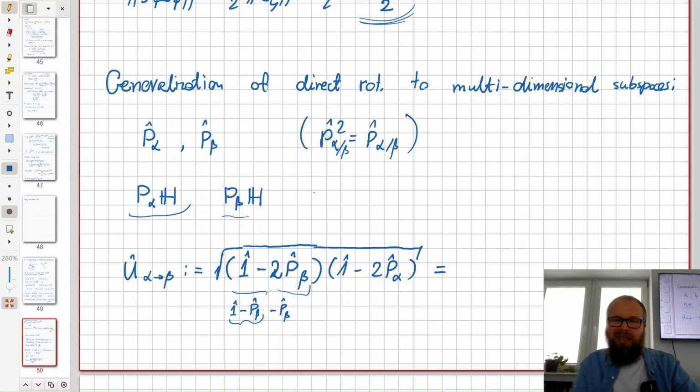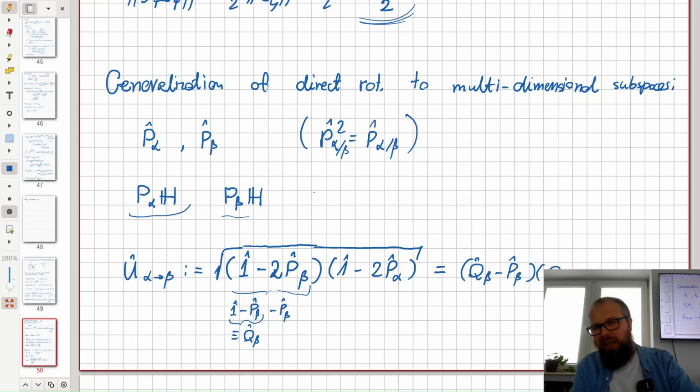Let's call these Q beta, because we will be using them a lot. So we can write it as Q beta minus P beta times Q alpha minus P alpha, under a square root.